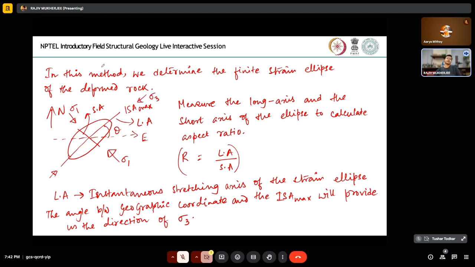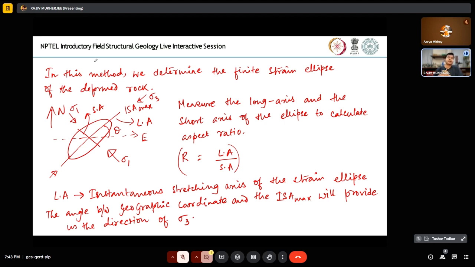I mean, not parallel to exactly, but it will be subparallel to or at low angle with respect to sigma 3. So in this way, using two-dimensional strain analysis, we can actually measure how stress fields were oriented during the deformation of the rock assemblage.